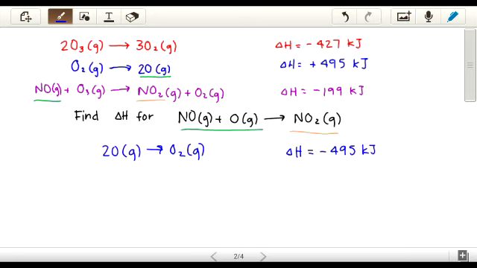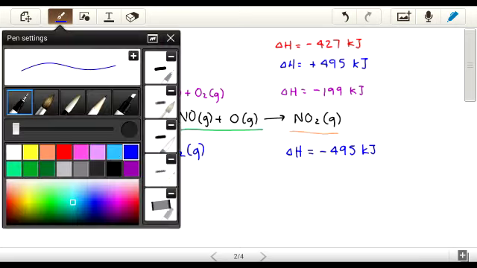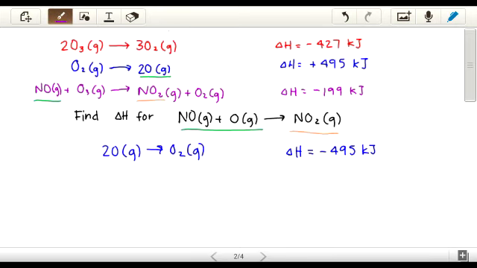Okay, so I'm also going to copy down the purple equation from above because it's already in the correct orientation. And so the change in enthalpy is going to be untouched.